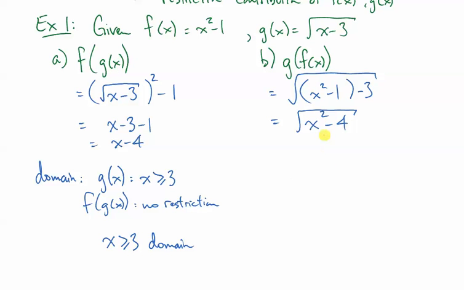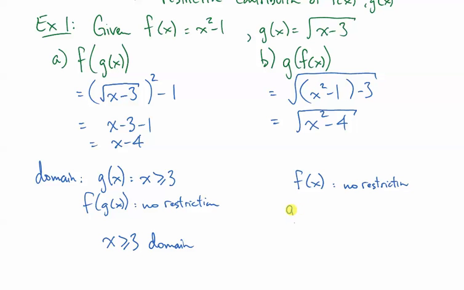If I look at the right one, the function f of x itself has no restriction. If I take something and square it and subtract 1, I can do that with any value I like, positive, negative, large, small, whatever. So the function f has no domain restriction.